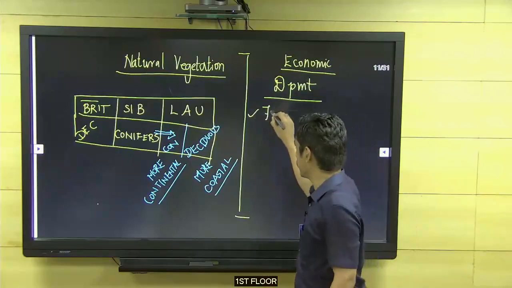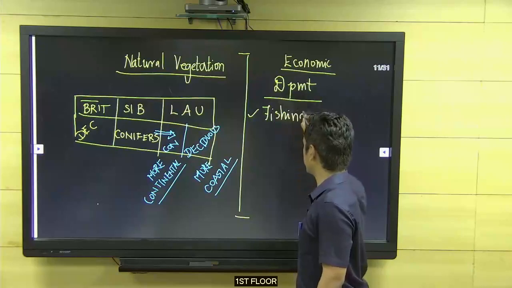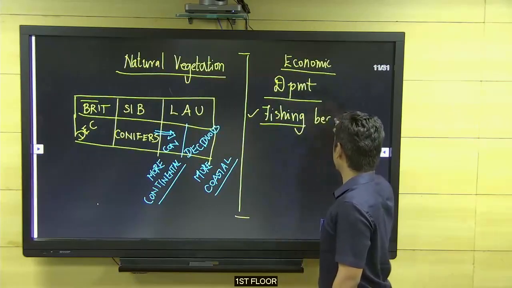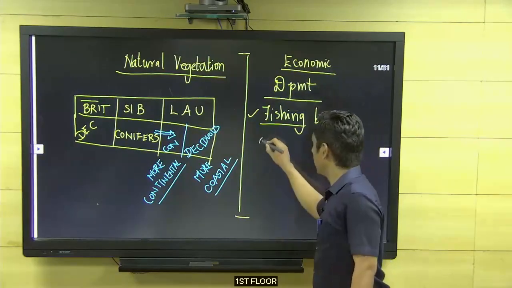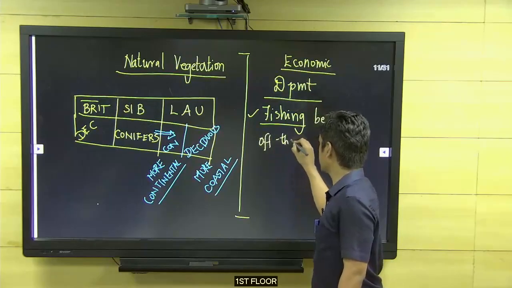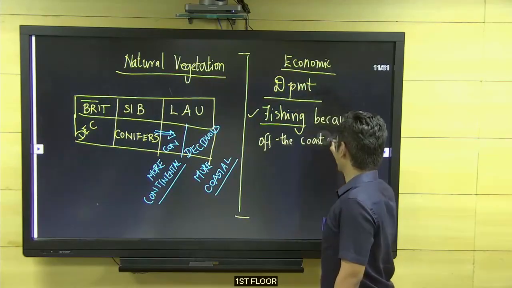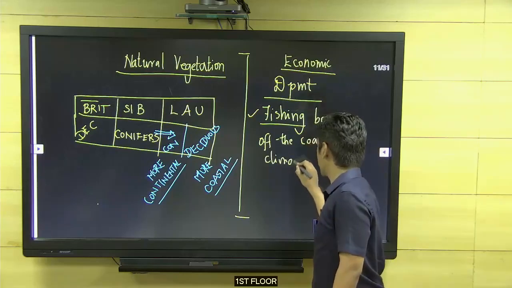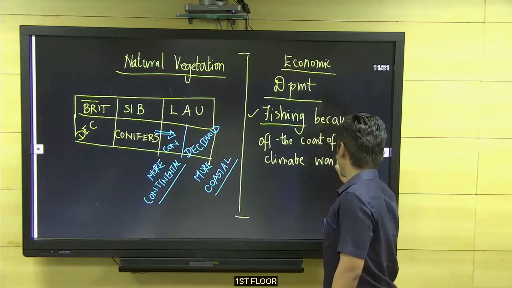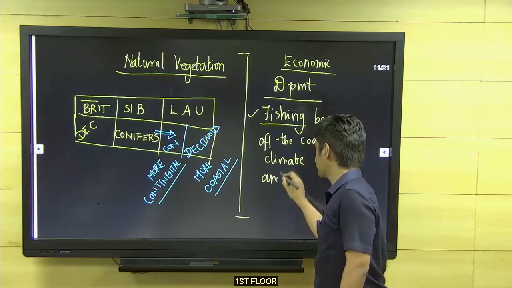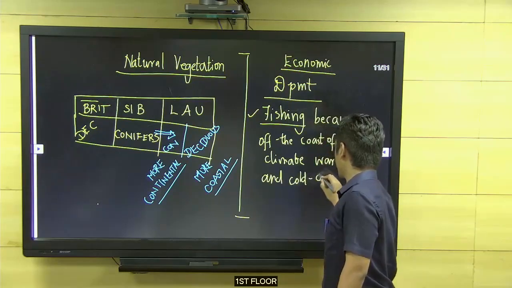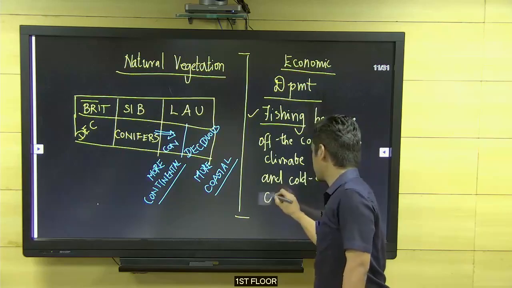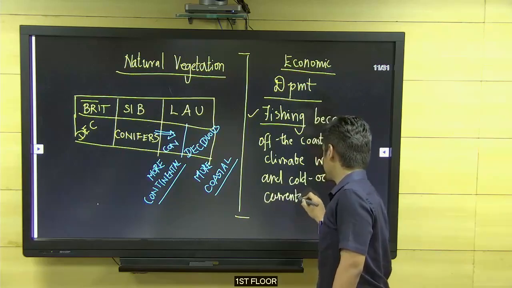That's all I want. Fishing is the most dominant industry because off the coast of this climate, warm and cold ocean currents meet.